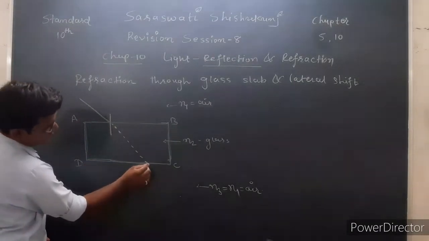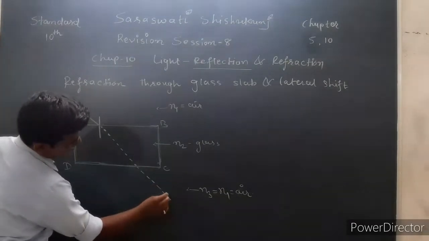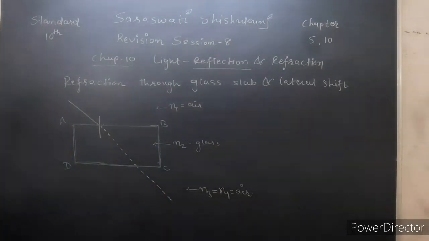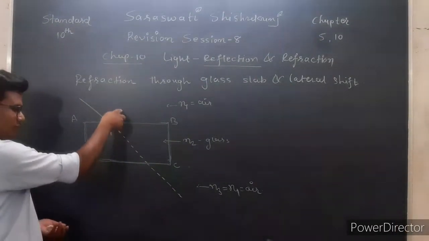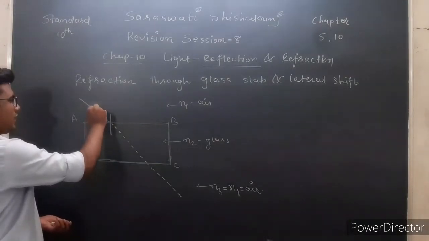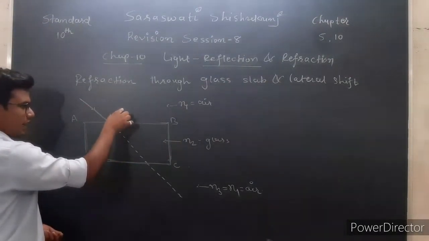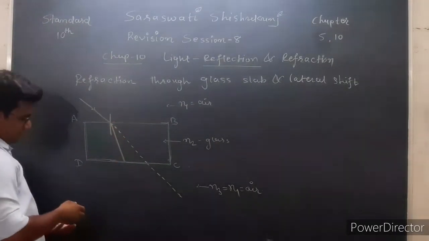Incident ray, it is passing out without any type of refraction. So, it will be somehow like this. Now, what happens? When light travels from one transparent medium to another transparent medium, we know it will change its direction. This is rarer medium, this is denser medium, so it will move towards the normal.